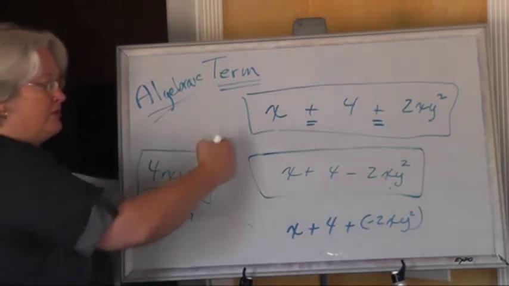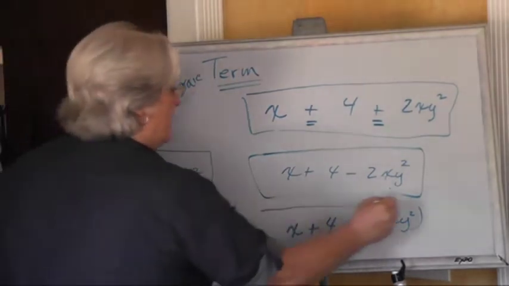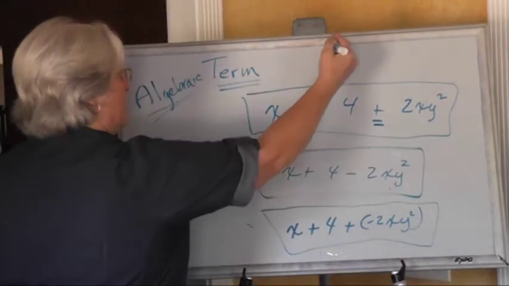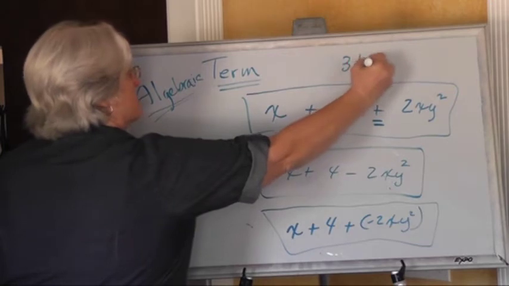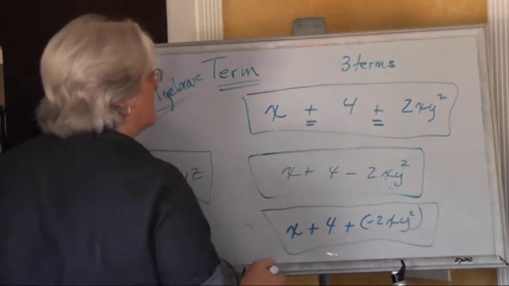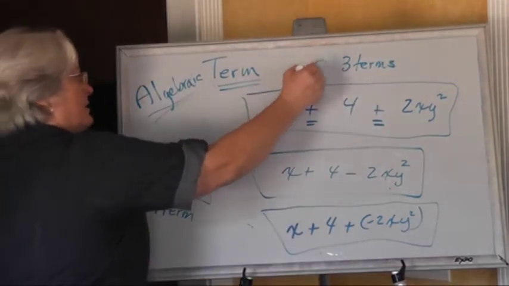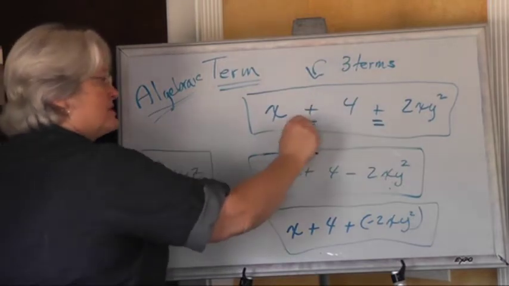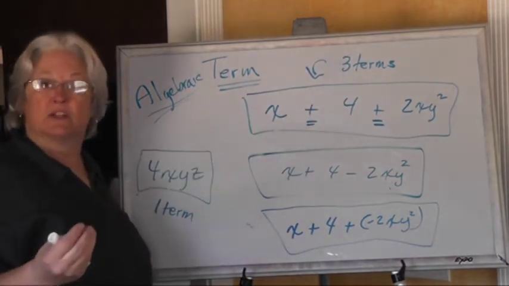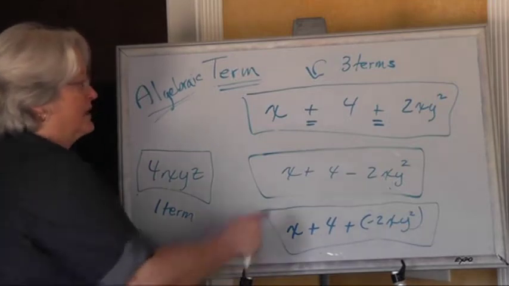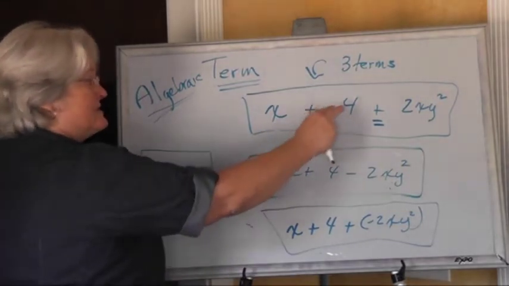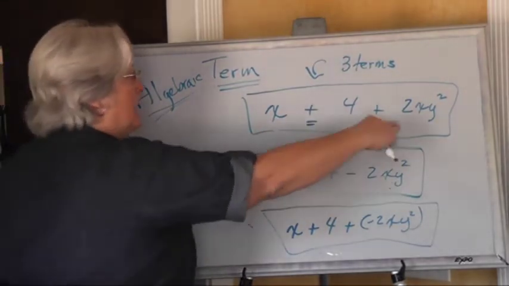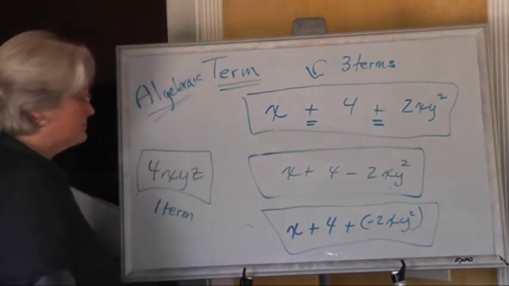All 3 of these have 3 terms in them because the terms are separated by addition signs. You're adding terms together: one term plus a second term plus a third term.